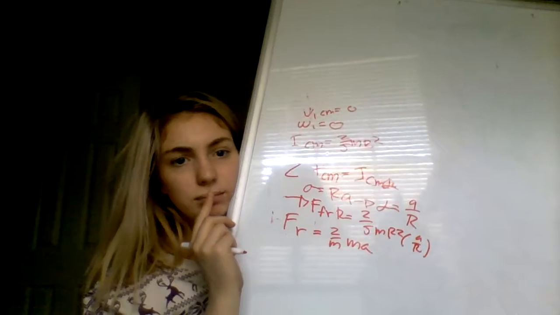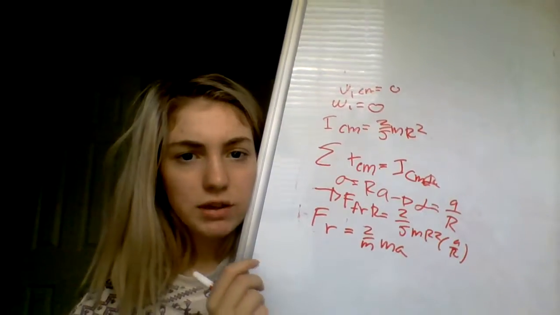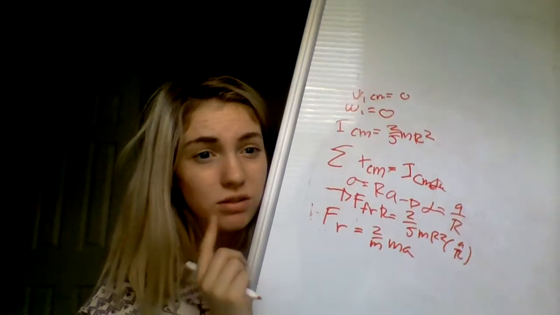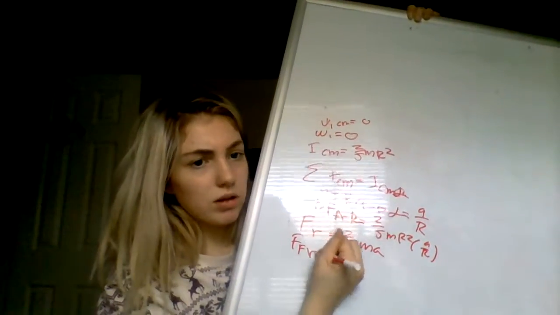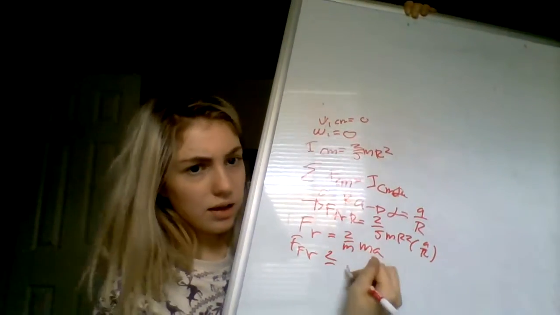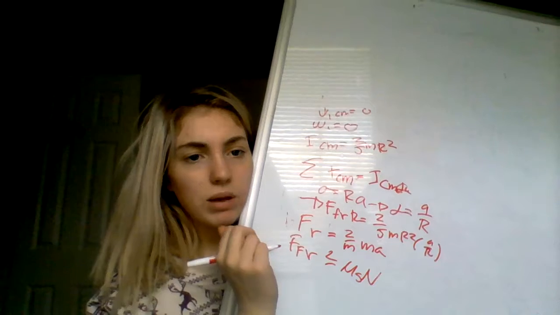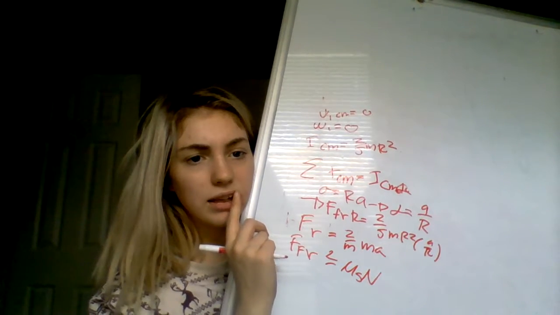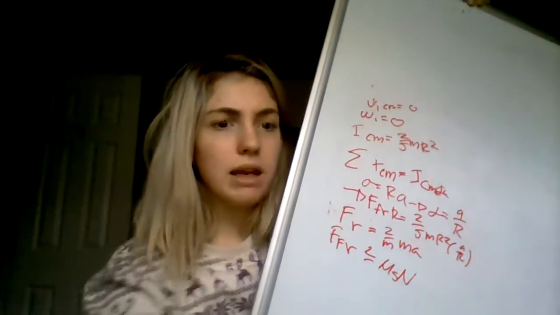And then if we want the static coefficient of friction, if the friction force is greater than this, the ball will slip, that is represented by mu n. And then we want to find the max and the minimum.